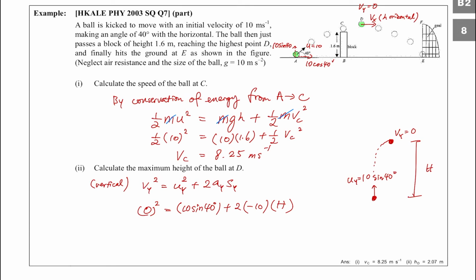So basically it's the maximum height. So by solving this, the maximum height would be 2.066 meters. So approximately 2.07 meters.